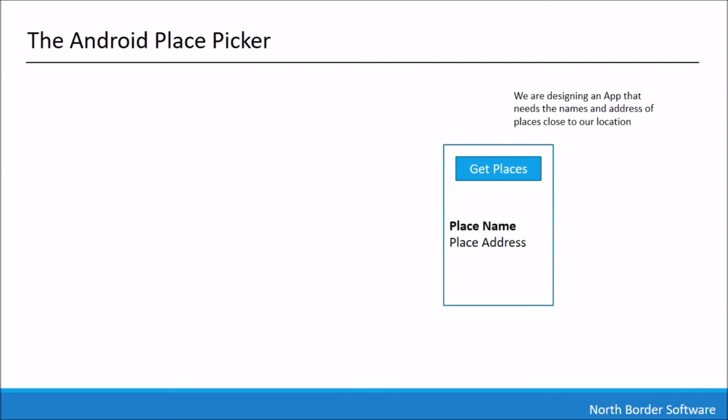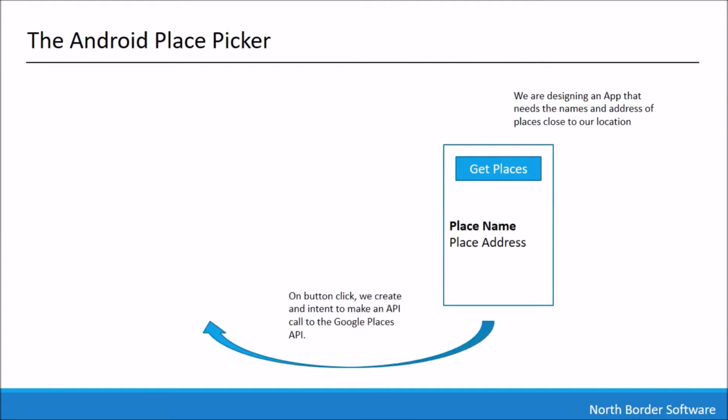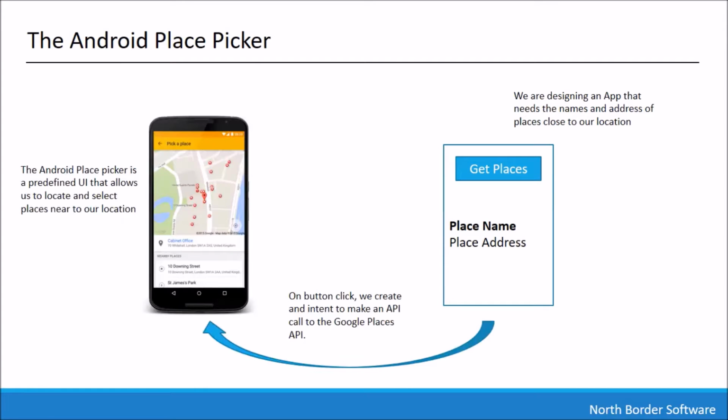An easy way is quite simply to create an intent which actually calls the Google Places API. What this then does is load a predefined widget. This widget has a common look and feel and is easy to use, and we can just make use of this particular widget. When the widget is actually called up, you can see a map and a list of names of places close to the location.